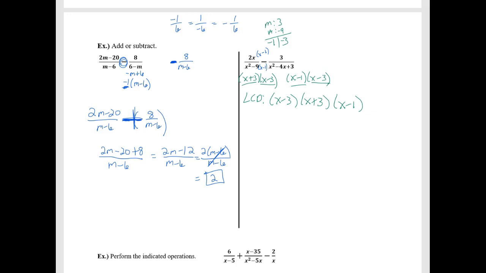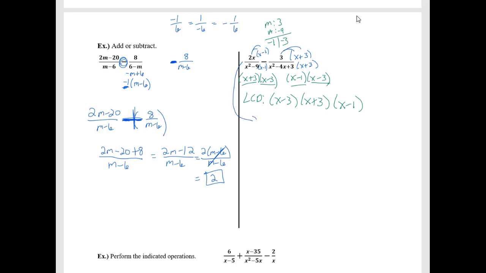The expression on the right has x minus 1 and x minus 3. It doesn't have x plus 3. So I need to multiply that to the expression on the right, both the numerator and the denominator. I'm going to go ahead and distribute those into the parentheses.